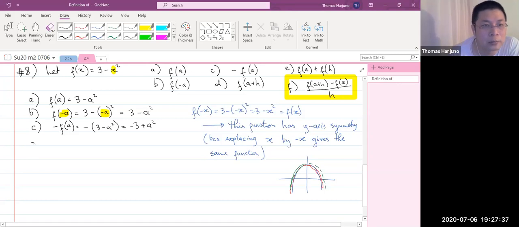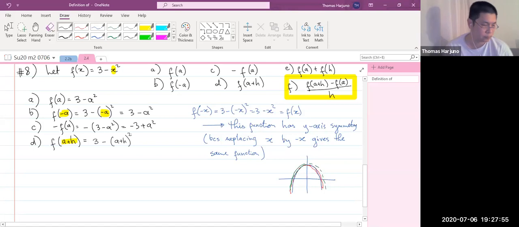Part D, what does f of a plus h mean? Again, I will replace the x by a plus h. So I get 3 minus (a plus h) squared.